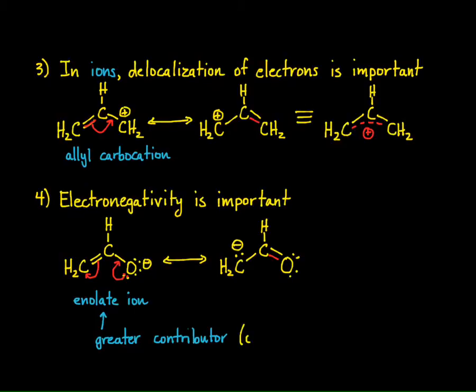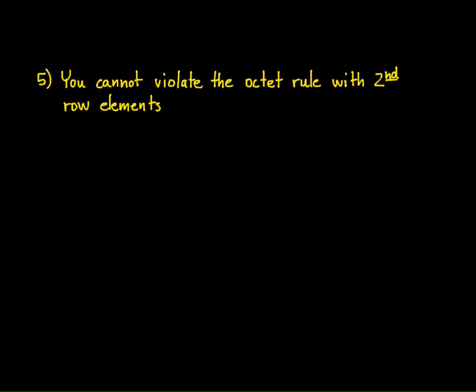Now, the last rule is this. You cannot violate the octet rule with second row elements. I stressed this at the beginning, but this is one of the biggest mistakes that students make in drawing resonance structures.